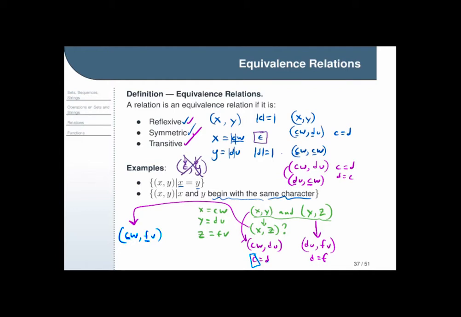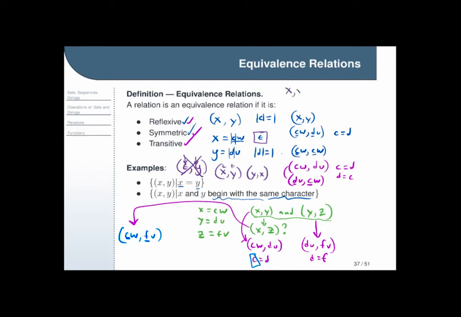And so that's fine when we're looking at symmetry, because it means there is no pair XY where either X is empty or Y is empty. And so we don't have to worry about whether YX is in it, right? And likewise with transitivity, same issue, right? Since we can't form this pair, then we don't have to worry.